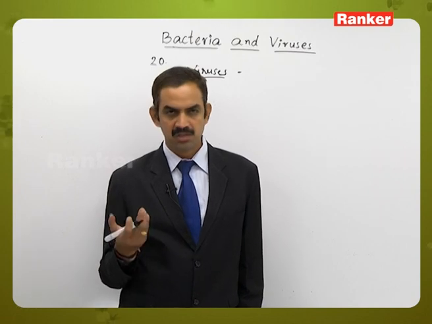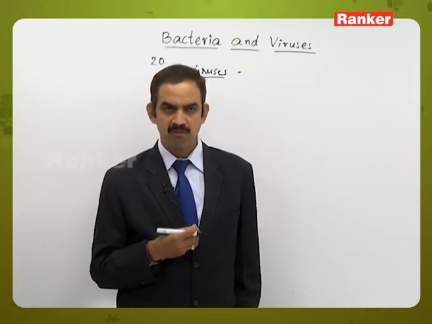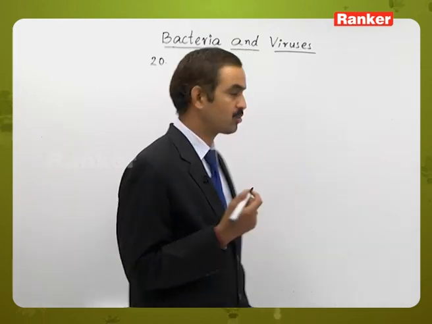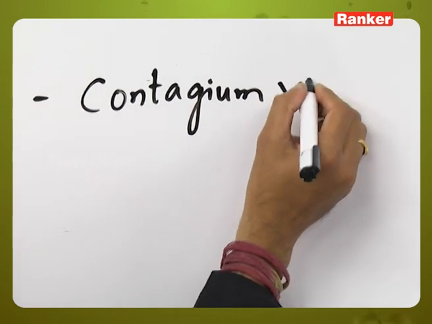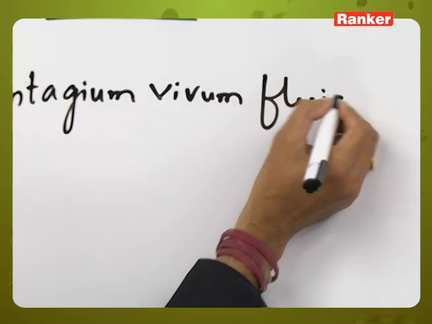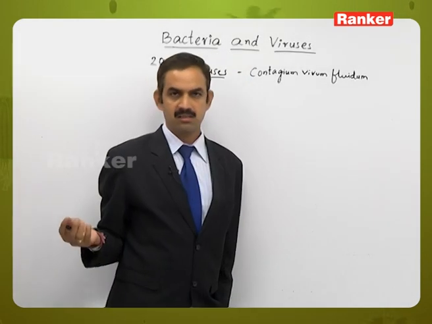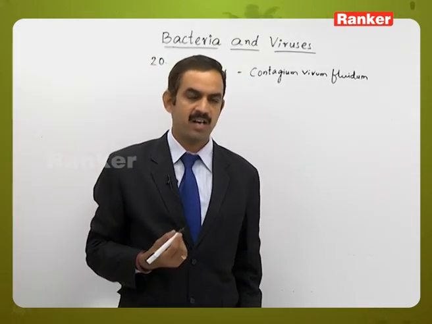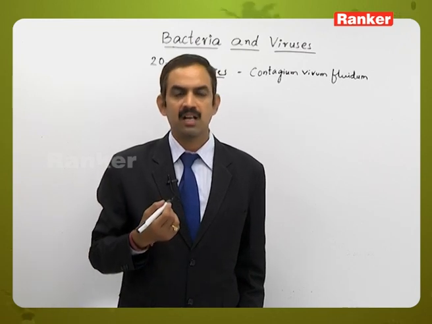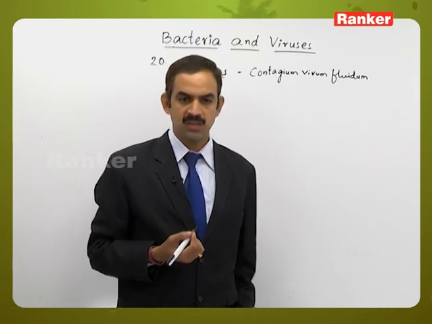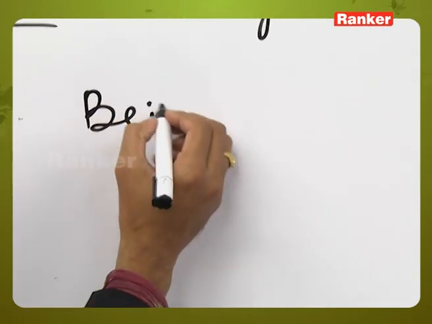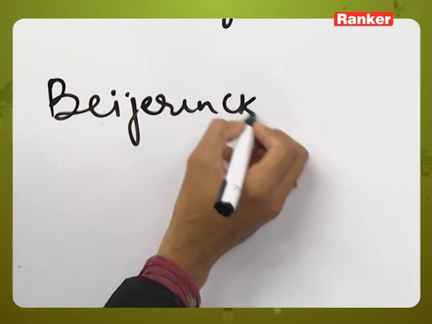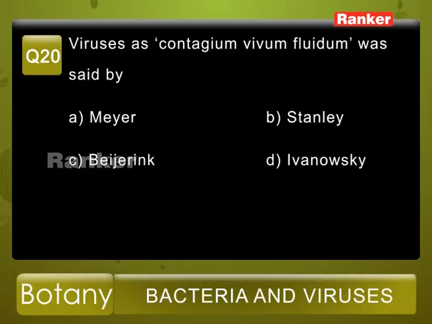So it is contagious and causes damage to living organisms, and having the fluid nature, it is called contagium vivum fluidum. Of course, later the concept was discarded because viruses do not have a fluid nature, they have a particle nature. This concept of contagium vivum fluidum was given by the scientist Beijerinck. So from the given options, option C is the correct answer.